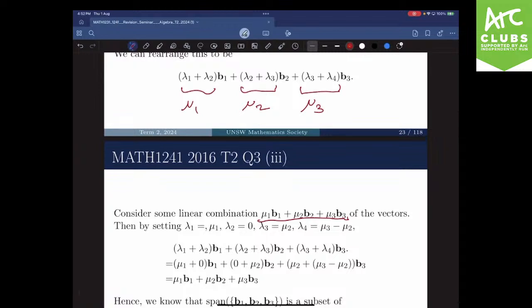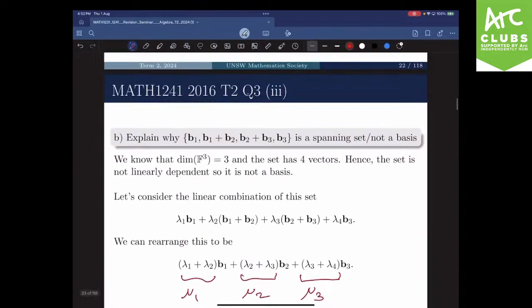So here lambda 1 is equal to mu1, lambda 2 is 0, lambda 3 is mu2, and lambda 4 is mu3 minus mu2. And we can see that each of these brackets turns into mu1, mu2, and mu3. And so any linear combination of b1, b2, and b3 is going to be in the span of this set here.